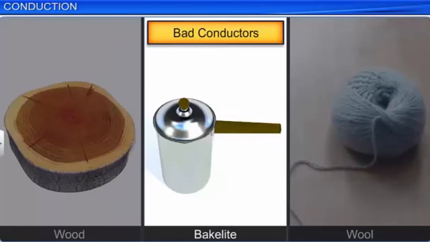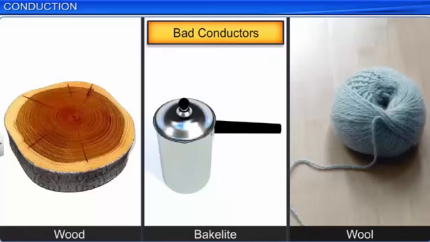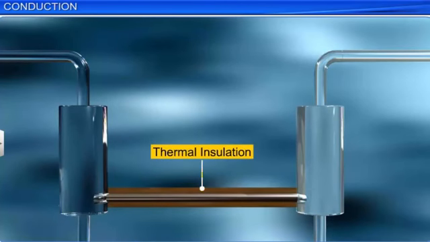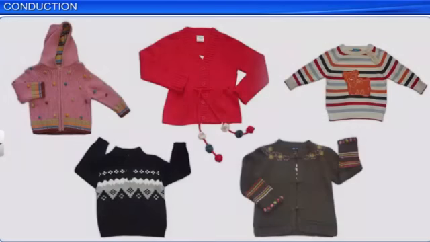When loss of heat by conduction is to be restricted, the body must be surrounded by an insulating substance. For example, we use woolen clothes in winter to prevent loss of heat, as the air is entrapped in the pores of the wool fabric, which acts as an insulator.